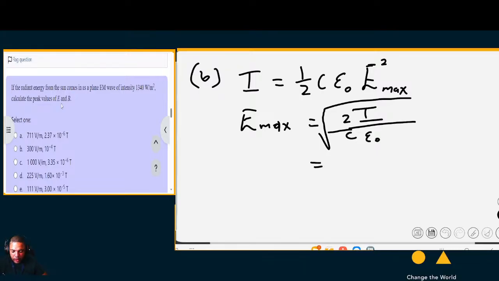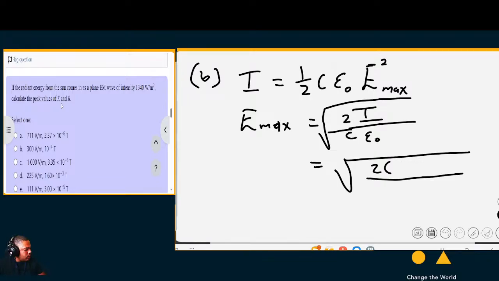Let's substitute in all the values: 2 times the intensity, given as 1340, divided by the speed of light, 3 times 10 to the 8, times the permittivity of free space, 8.85 times 10 to the negative 12, if I'm not mistaken.